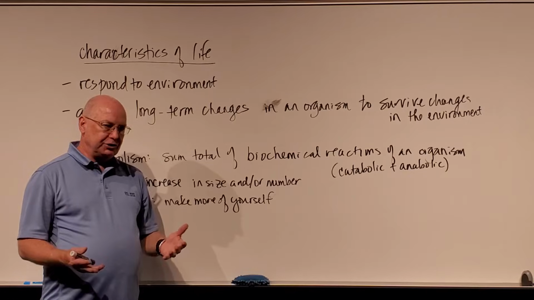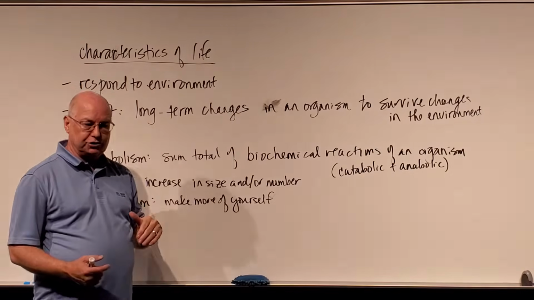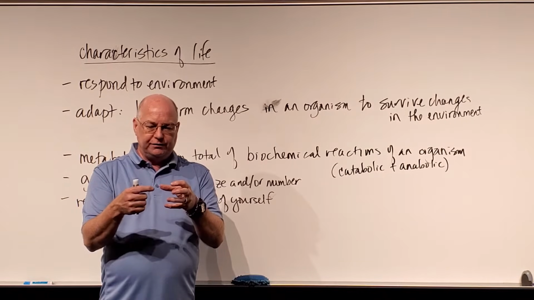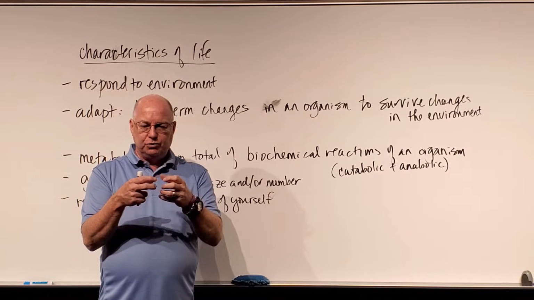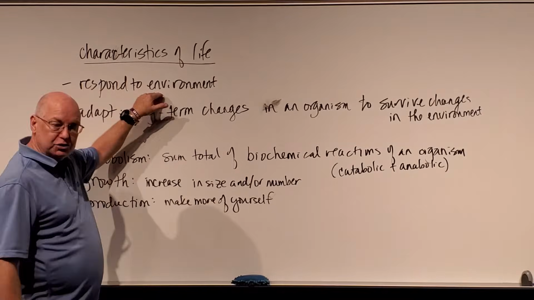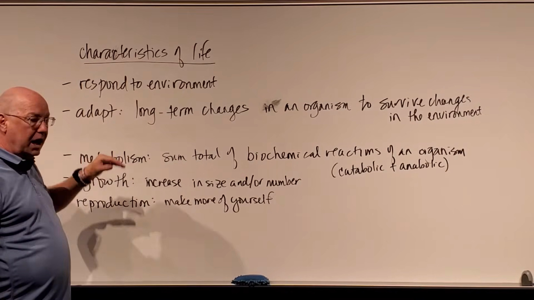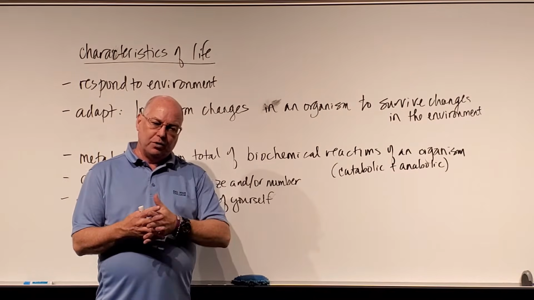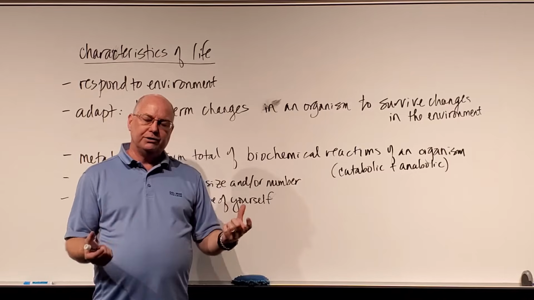That's not adaptation, that's response to a change. Or if there's a chemical change in the environment, then maybe the organism will change its metabolism so that it can grow and develop. That's an immediate response. To adapt means to alter the organism's functions over the long term to bigger changes in the environment.